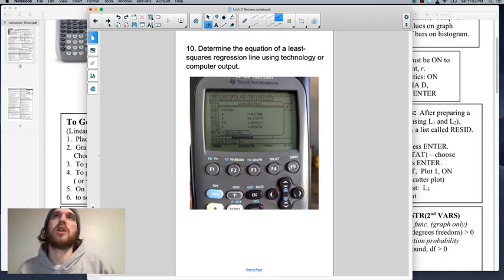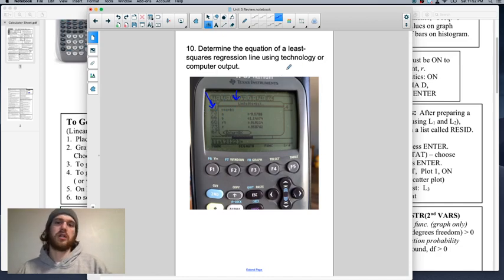Okay, determine the equation of the least squares regression line using technology or a computer. Real simple. All you have to do is go to your list. Now I know you guys don't have this version of the calculator. Enter all of your one variable into list 1, all your other data into list 2, and then you get to choose which one is the explanatory and the response variable, and you get to choose your linear regression.